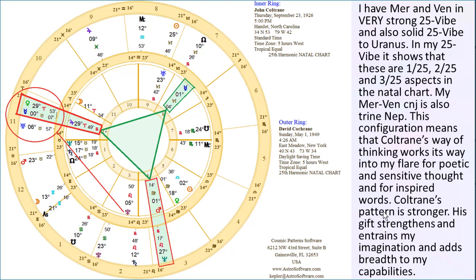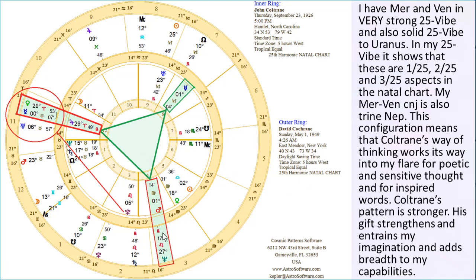So the poets, the artists, the creative visionary people that I interact with are going to have a major impact on this quality in me, which again, is not one of the strongest things in my life, but it is there. It is there. This Mercury-Venus trine my Neptune.